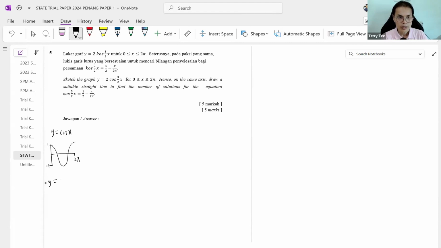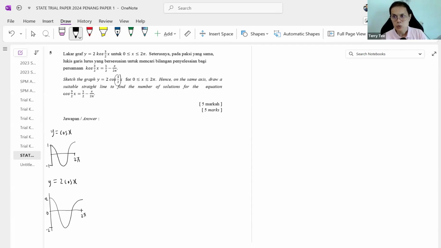Now, the moment you have a 2 in front, you stretch it up by 2, so your amplitude is now 2. Amplitude is the maximum displacement from point O, from the 0, the line of equilibrium, if you like. So it's now stretched higher. Next, what is the effect of 3 over 2?